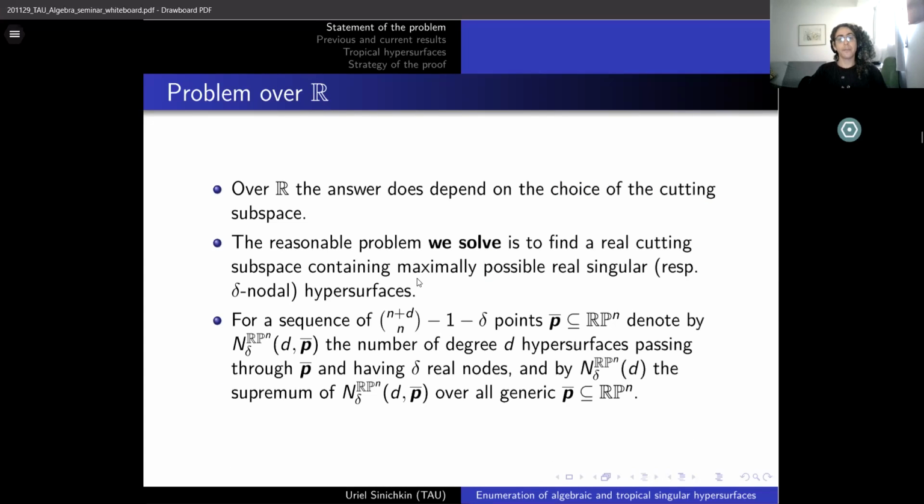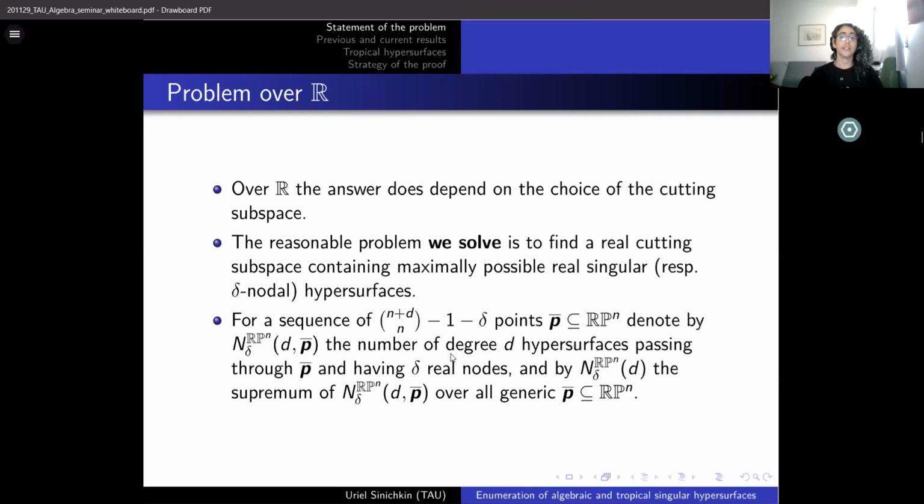So how can we restate this? First of all, the way we choose cutting subspaces is by requiring the hypersurfaces to pass through some points. Passing through a point is a linear condition on the coefficients of the polynomial. So if we take sufficiently many such points, we get a linear space of the correct dimension. And this is the number of points we need to take to get a linear space of dimension delta.